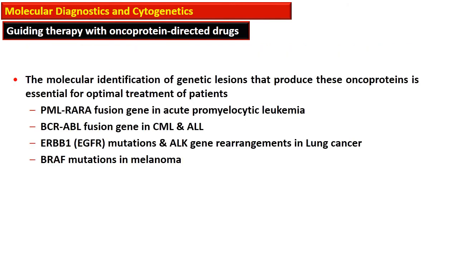The molecular identification of the genetic lesion that produces that specific oncoprotein is essential for optimal treatment of the patient, such as PML-RARA fusion gene in acute promyelocytic leukemia, BCR-ABL fusion gene in CML and ALL, ERBB mutation and ALK gene rearrangement in lung cancer, and BRAF mutation in melanoma.